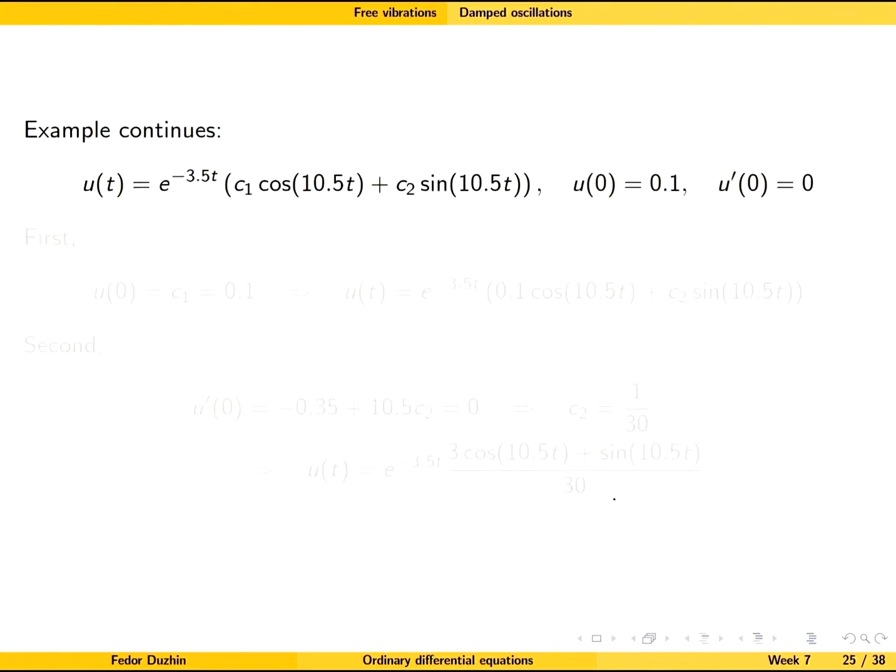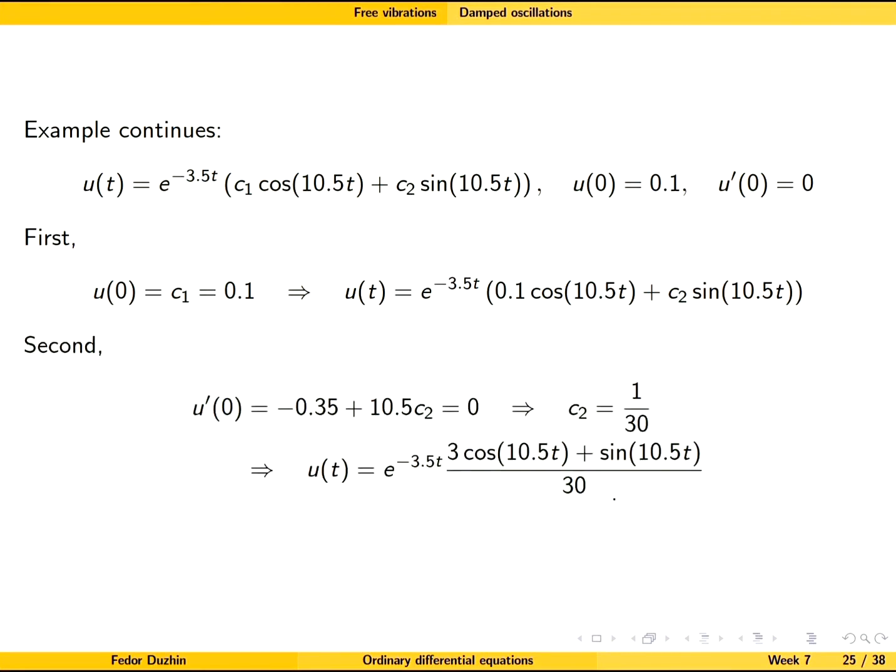Then we need to use our initial conditions. First we apply the initial value of the displacement, and then the initial value of the velocity. We know that initially this spring mass system is just released, which means that the initial velocity is 0, and then we have a linear system for C1 and C2, and we can find C1 and C2. So here is the final answer.